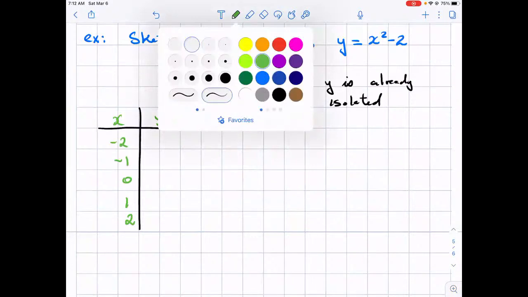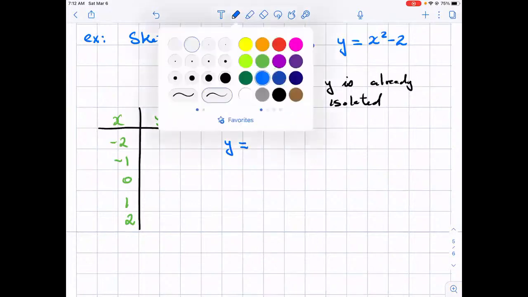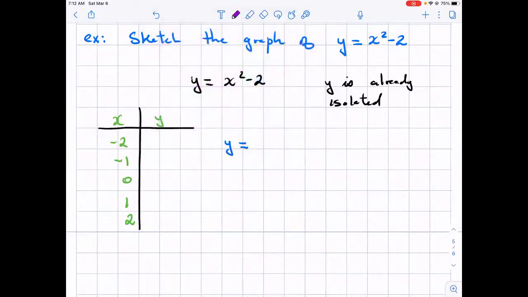So y is equal to x squared minus 2, where x is now minus 2, and we square that and then subtract 2 from the quantity. So this becomes y is equal to 4 minus 2.